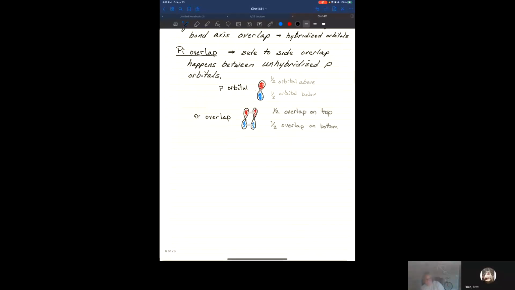Pi overlap, unhybridized. So let's look at phosgene gas, one of the first mustard gases in use. Nasty stuff. CCl2O.